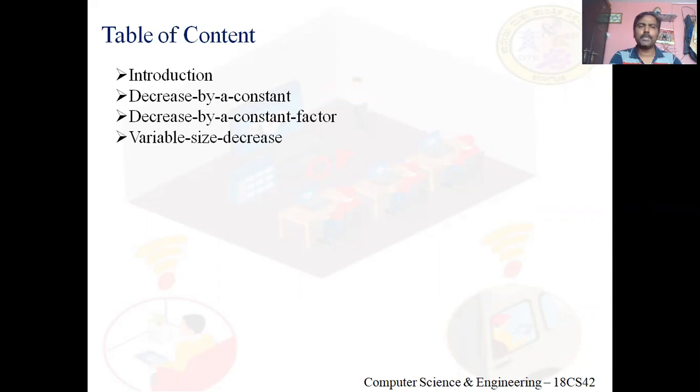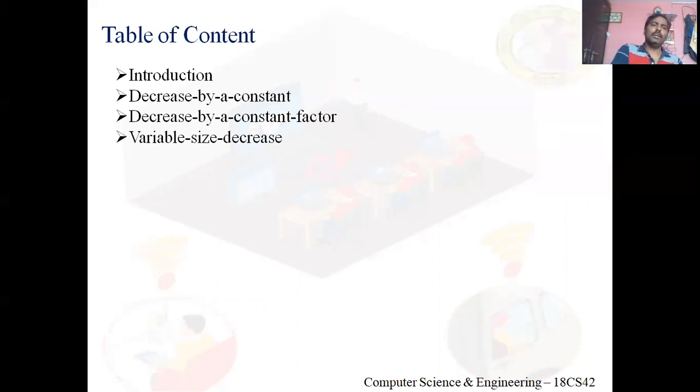This process keeps repeating. Stage by stage, the size of the instance got reduced. In binary search it got reduced by half, but it need not be by half. In some cases, the size of the instance may get reduced by some constant. In each stage, the size may get reduced by 1 or by 2, whatever it be.